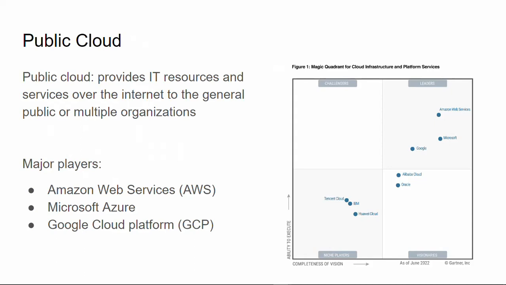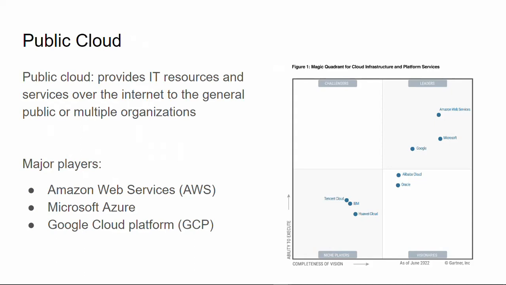So in this public cloud world, there are three major players, as you can see in this Gartner Leaders Quadrant: Amazon Web Services, Microsoft, and Google. There's no solid evidence behind what I'm going to say next, but I personally believe Amazon is probably 40% or 50% of the market, Azure is probably 30%, and Google is probably 10%.